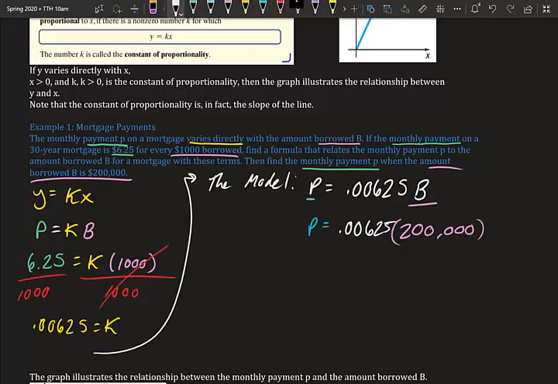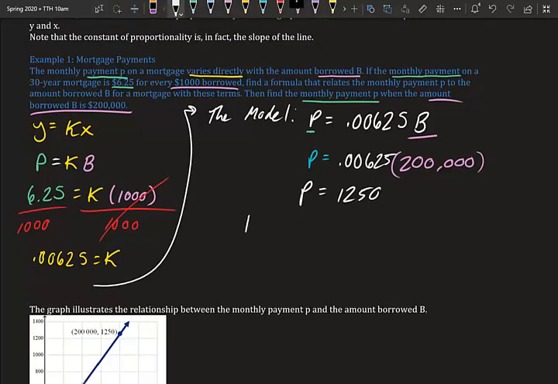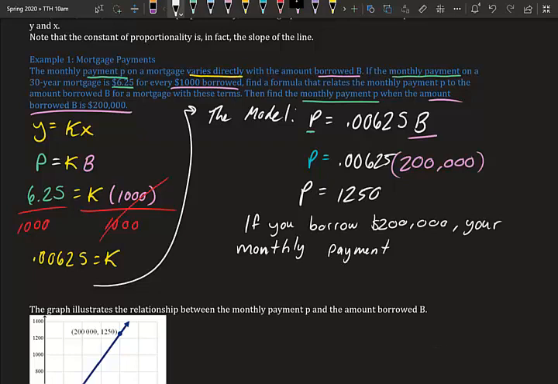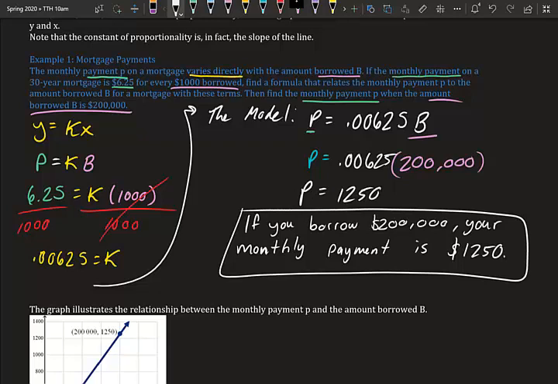So we do 0.00625 times 200,000, and we get the monthly payment of $1,250. So if you borrow $200,000, your monthly payment is $1,250.